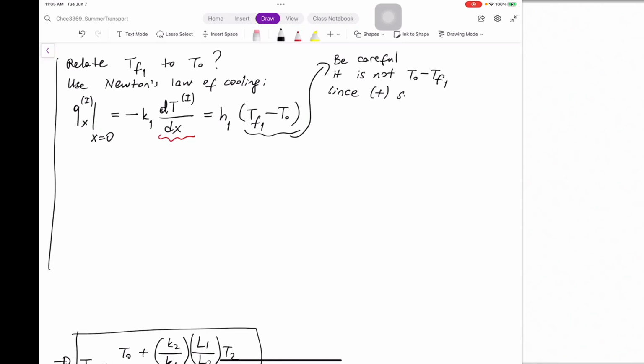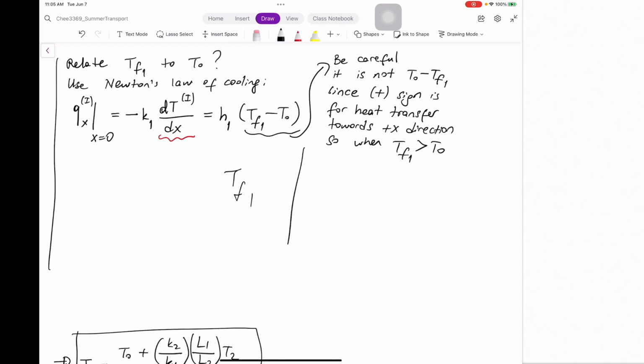Since plus sign is for heat transfer towards the plus x direction. So when TF1 is larger than T0, right? So if this is TF1, and this is T0, the heat is going to flow from the hot fluid to the cold surface, right?